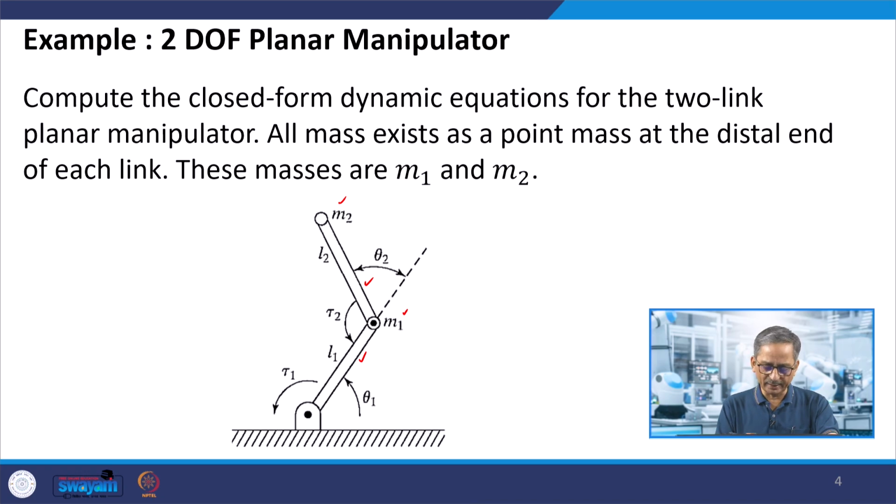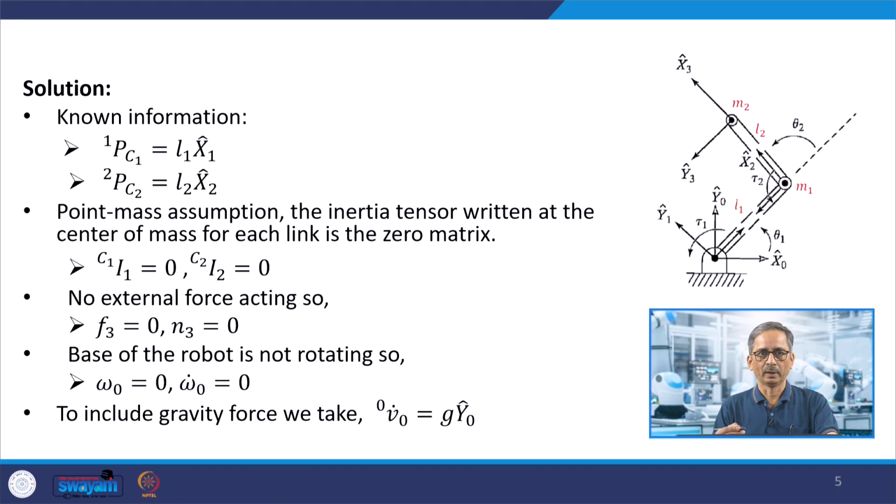There is one more change because of this simplified assumption: the center of mass of the first link is going to be at the end of the link, and similarly, the center of mass of the second link is going to be at the end of the second link. So, these are the two simplifications that come from the point mass assumption.